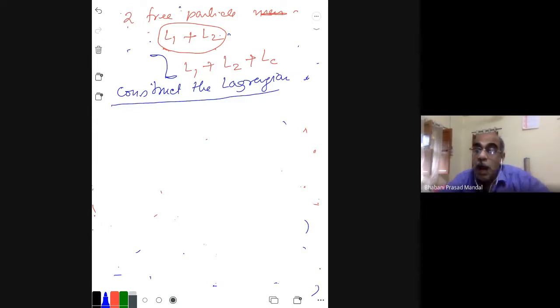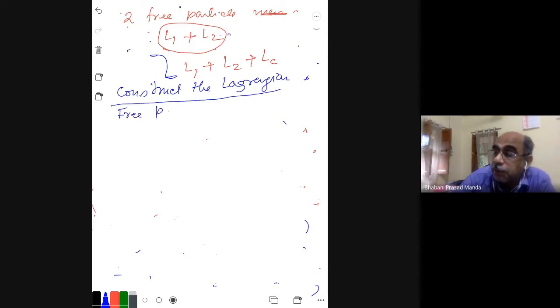Okay, but I will not write the Lagrangian for a central force problem now. I'll first construct the Lagrangian, and later in many places we'll find cyclic coordinates and tell you the corresponding conserved quantity. So to construct the Lagrangian, we'll consider only a free particle, the simplest possible particle.